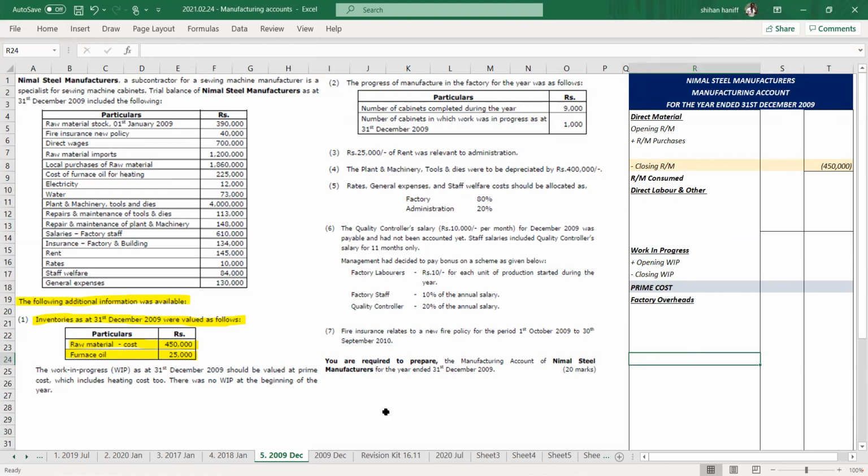Then we have the furnace oil, 25,000. Furnace oil is a direct expense because they have specially mentioned here: work in progress as at 31st December 2009 should be valued at prime cost, which includes heating cost too. In the trial balance, it says cost of furnace oil for heating, 225,000. Furnace oil means the oil which is used to heat.